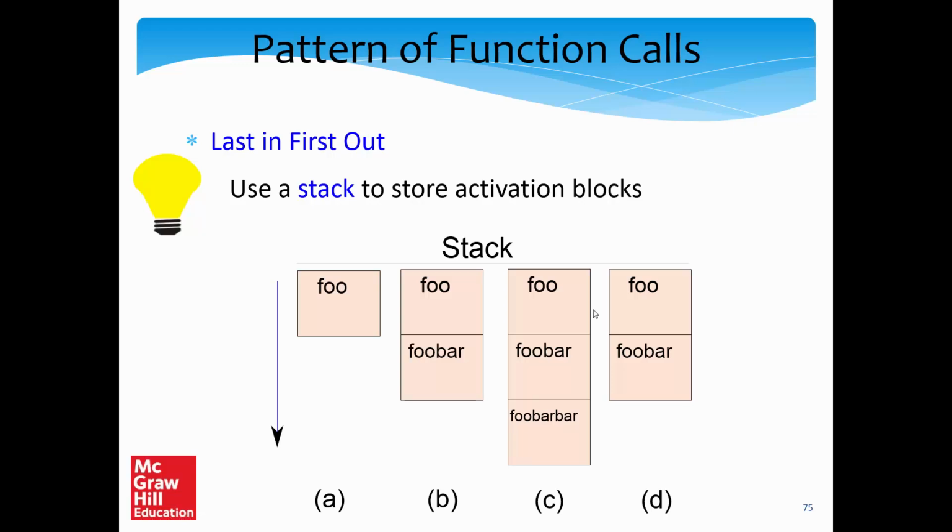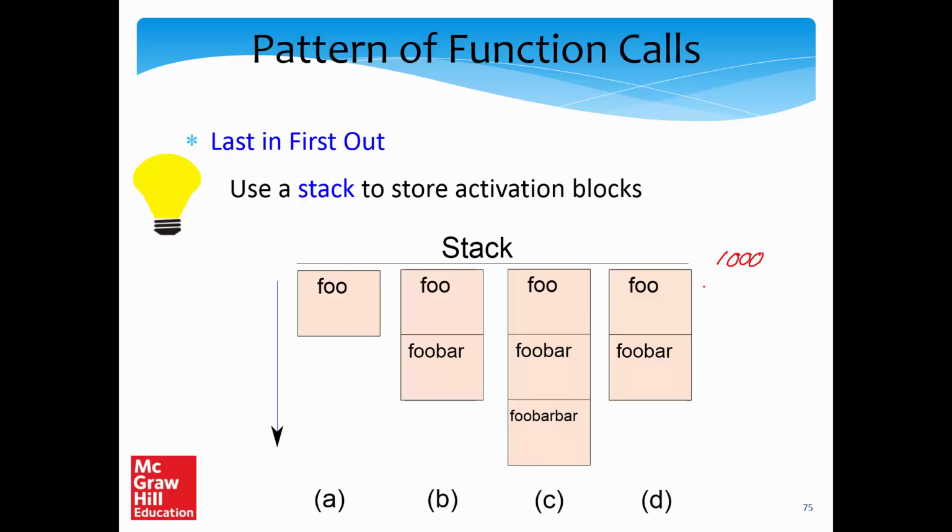So traditionally stacks are downward growing. What this means is that if we want to create a new activation block, we create it at a lower memory address as compared to the previous activation blocks. For example, let's consider an example to make things easier. Let's say that the stack begins at location 1000.